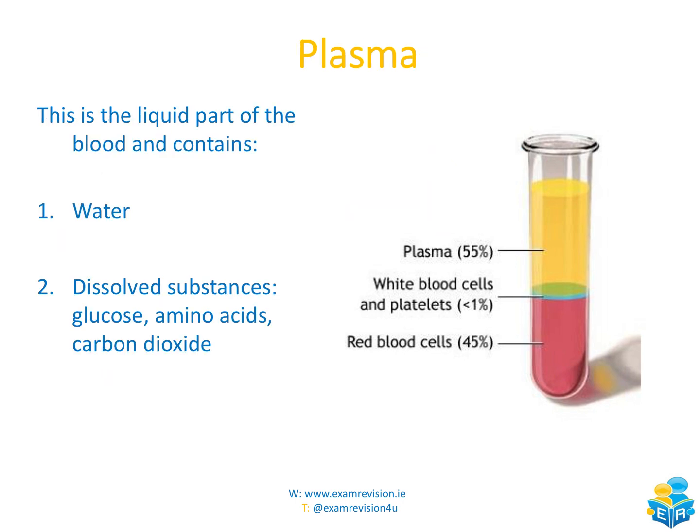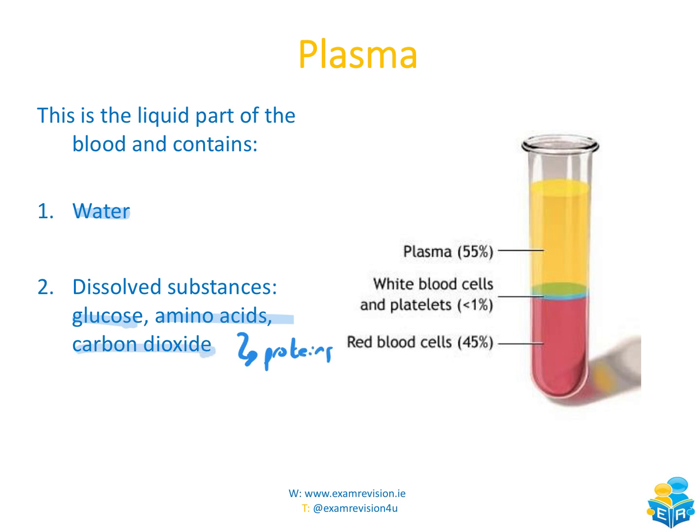Now, the plasma, we've already mentioned how it's the liquid part of the blood, and generally it's going to consist of a couple of different things. It's mostly going to be consisting of water. Okay, it's the liquid part of the blood. It's going to consist of water, and it's also going to contain some dissolved substances as well. So some of those substances would be glucose, which can be transported around the body in our blood vessels, amino acids, which are the building blocks of proteins, and carbon dioxide there as well.